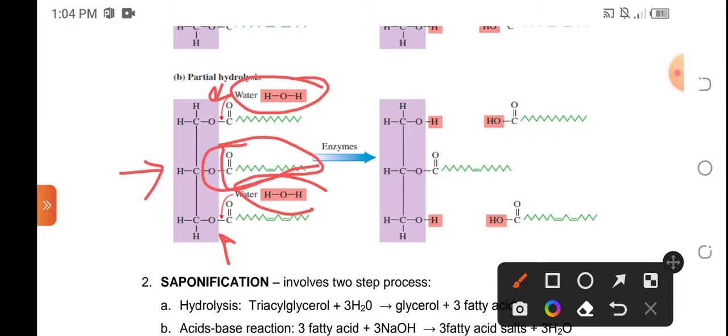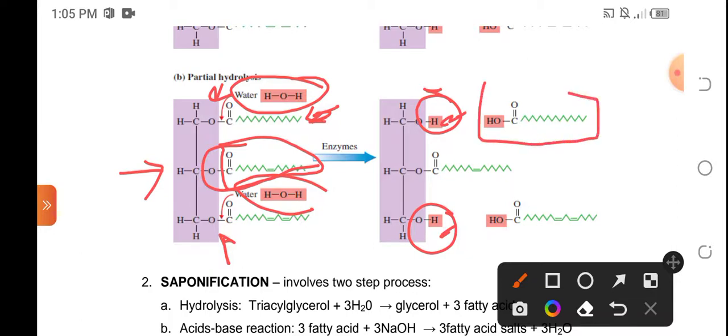Okay, so it will remain the same. So this one is only the site of reaction. Dito lang naidagdag yung hydrogen part ng water. So therefore, this fatty acid will be separated from the glycerol. So ito rin na-separate siya kasi na-break yung ester linkage.